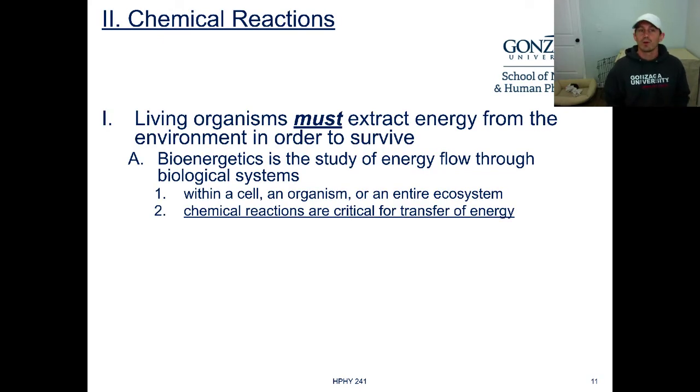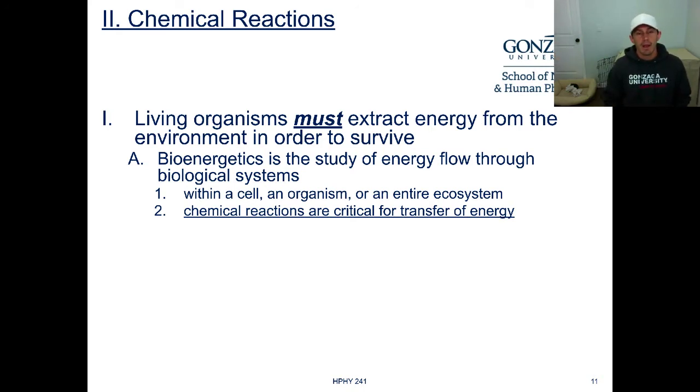So as I said before, living organisms have to extract energy from their environment in order to survive. The field of study that focuses on this concept is what we call bioenergetics, and that can be applied to humans, animals, as well as plants, because plants have to obtain energy as well. You can also study bioenergetics on the level of not just a cell, but all the way up to the entire ecosystem, how energy moves through an entire ecosystem.